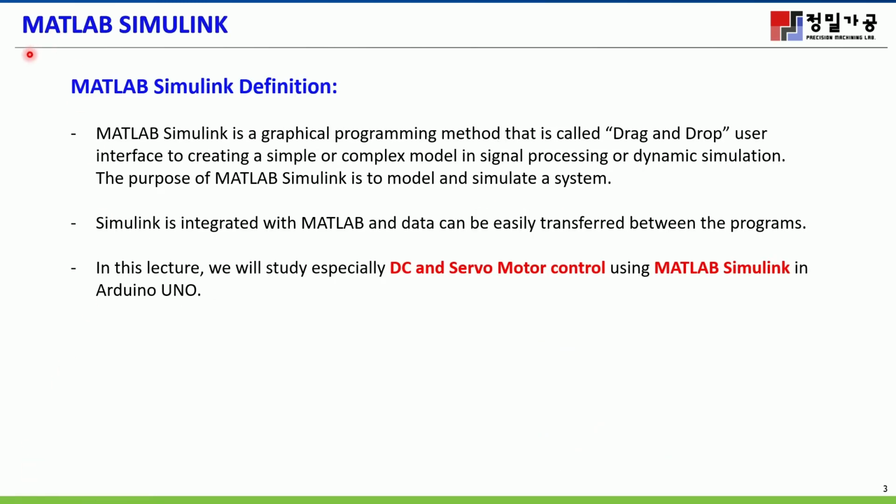So I go to the introduction again. What is MATLAB Simulink? Actually, you already know. MATLAB Simulink is a graphical programming method, a drag and drop user interface for creating simple or complex models, especially for signal processing, control systems, or dynamic simulation.